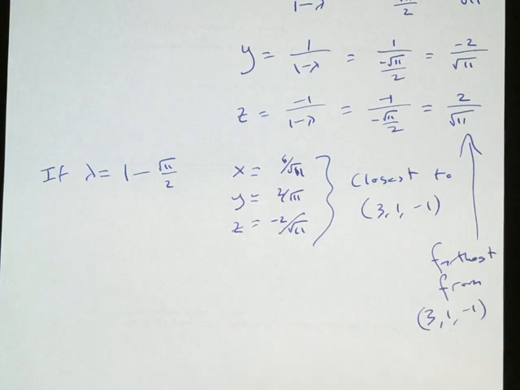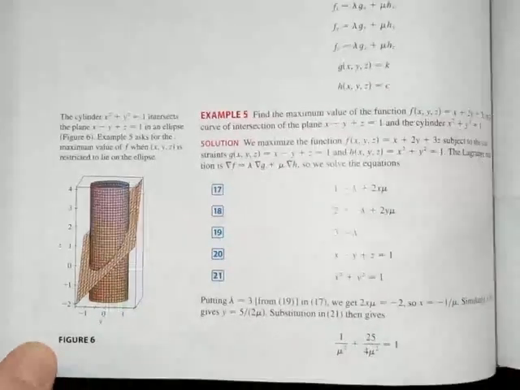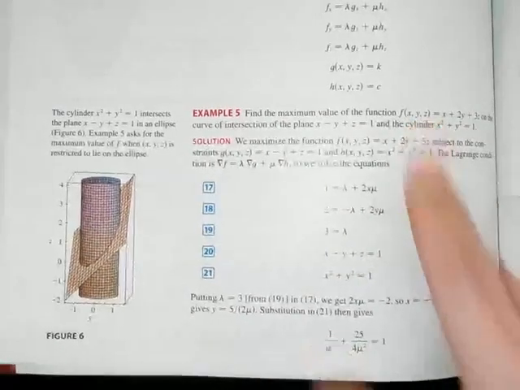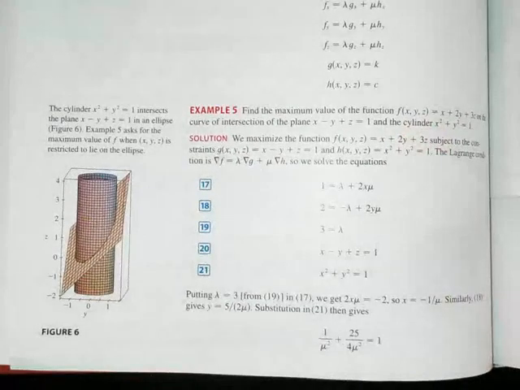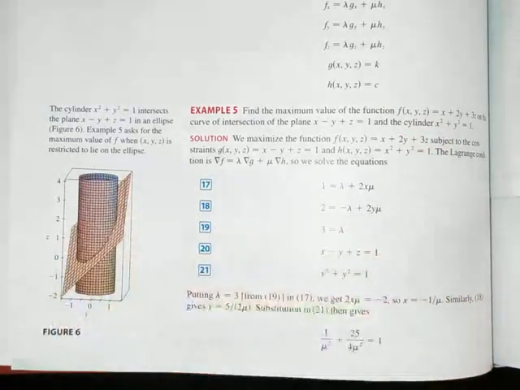This example asked me to find the maximum value of a function of three variables on the curve that is the intersection of this plane and that cylinder. Two different restrictions and a function.